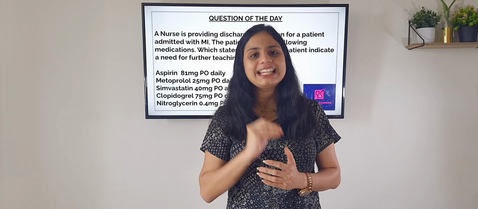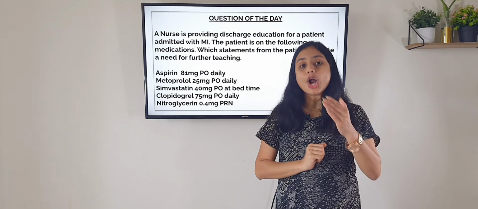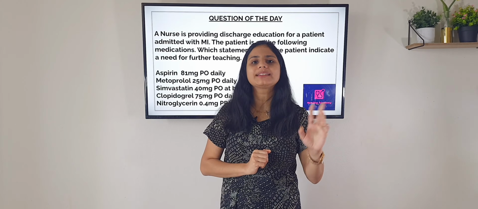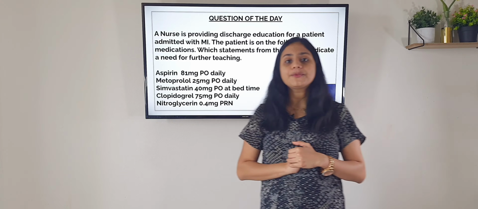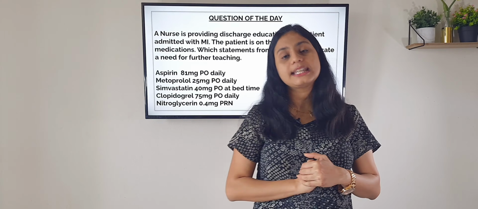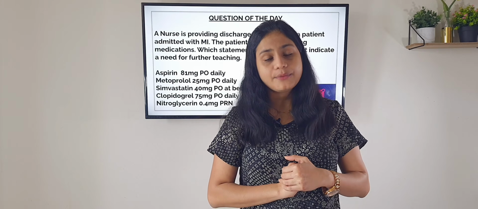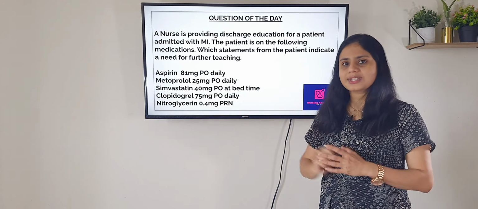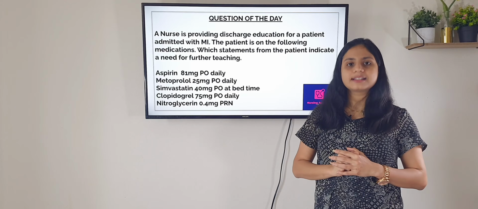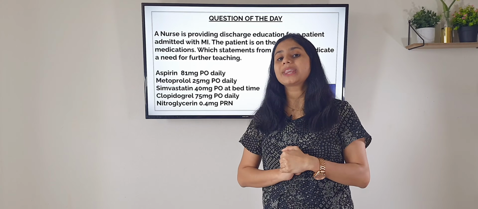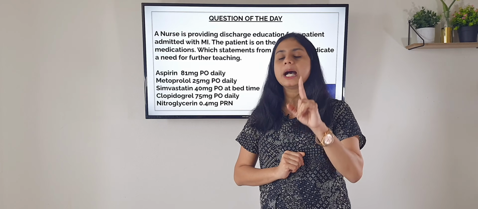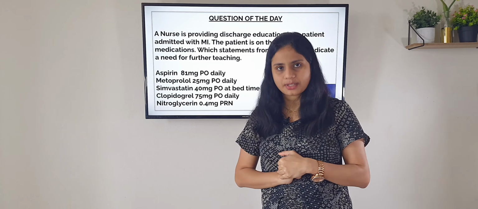While dealing with these types of questions, as I already said, we have to read the question twice. Then we have to find the keywords. For example, in this question, the keywords are discharge education for a patient with MI. MI means myocardial infarction.